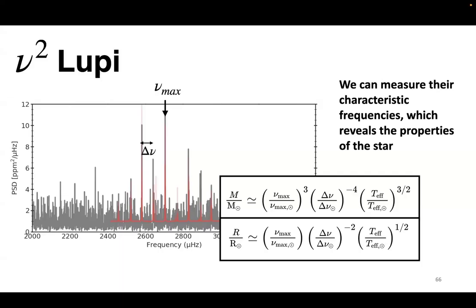Now, for those of you who are asteroseismologists, I think there's maybe a couple of you online, for this particular star we were able to do individual frequency modeling, where we took the positions of these individual frequencies and fitted them to more complex models than these equations that I'm showing you here to get even more precise. But the same physical principles still stand.